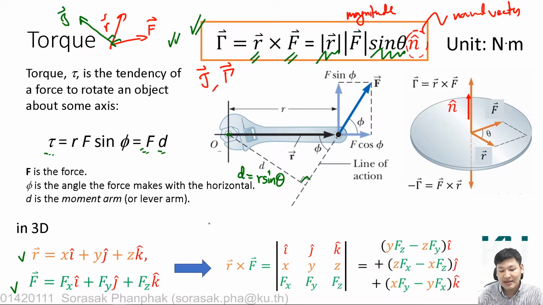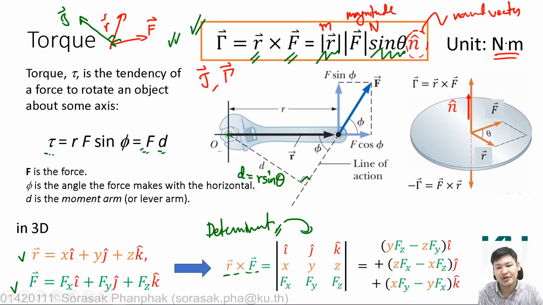We will use the technique or method called determinants to find out the resultant vector of r cross F. And as I said, torque is in Newton meter units, because r is in meters and F is in Newtons, so the unit of torque is Newton meter. But again, torque is a vector, so now we will operate with this torque as a vector.